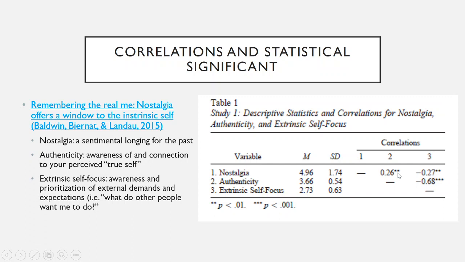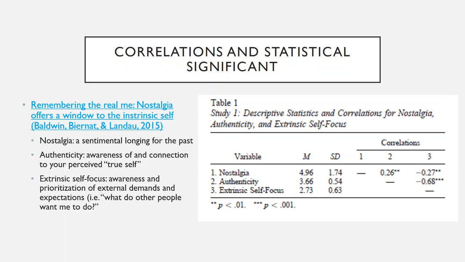So this here, this 0.26 represents the correlation between nostalgia and authenticity. This here in row 1 and column 3 represents the correlation between nostalgia and extrinsic self-focus, and those are the primary correlations the researchers were interested in.